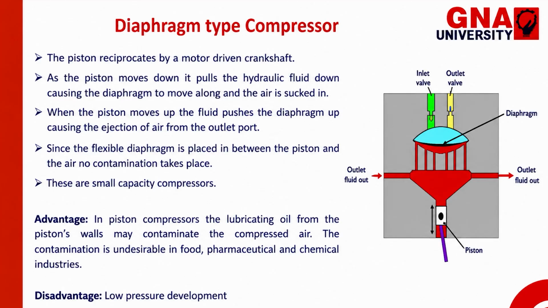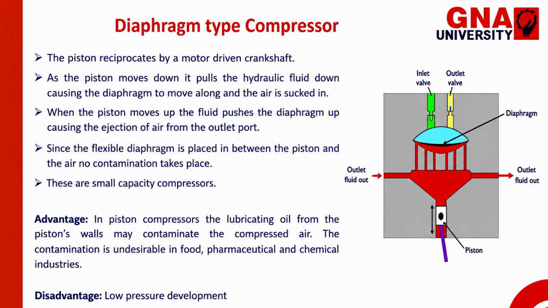So this is the whole working of the diaphragm type of compressor. When the piston moves up, the fluid pushes the diaphragm up, causing the ejection of air from the outlet port. Since the flexible diaphragm is placed between the piston and the air, no air contamination takes place.